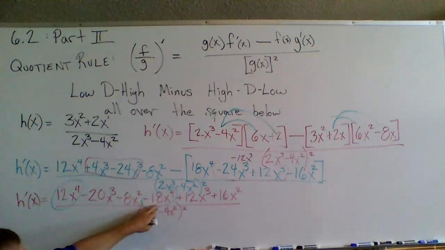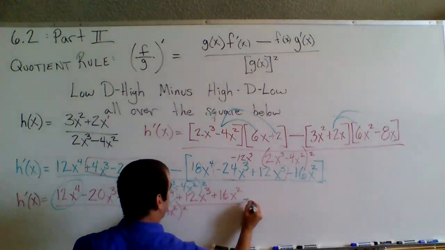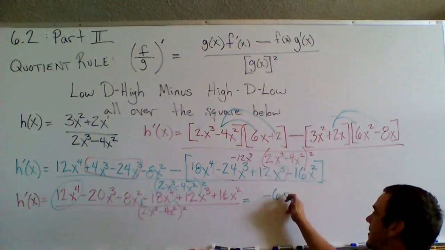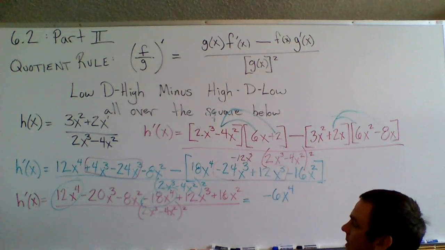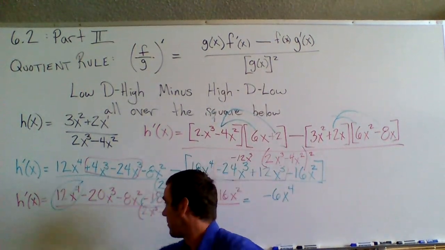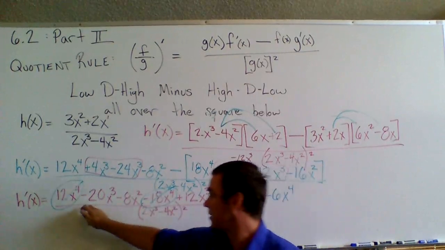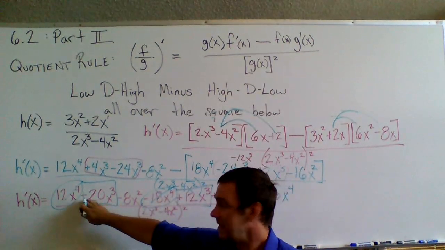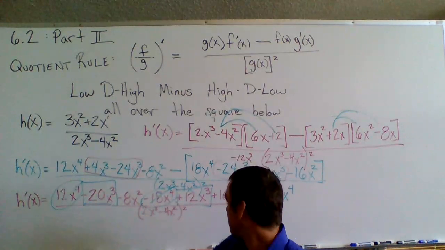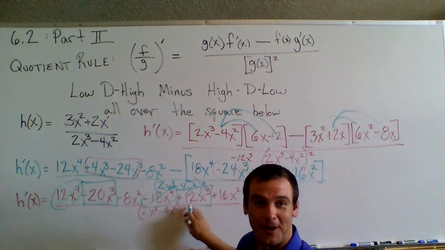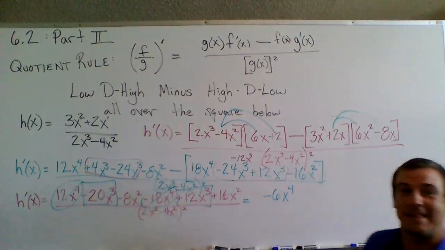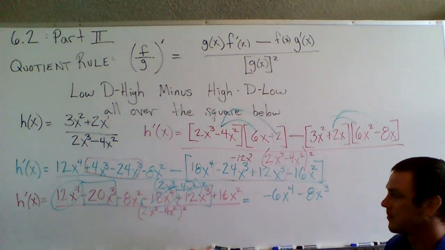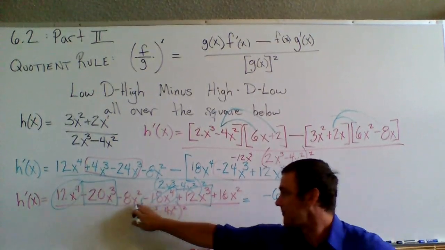Alright, so I'm going to combine like terms. 12x to the fourth minus 18x to the fourth is going to make a negative 6x to the fourth. Alright, I'm just going to put a line through those. I'm done with that. X to the thirds, let's box that guy. So this was a negative 20x to the third and a positive 12x to the third. It's going to make negative 8x to the third. Alright, we're only left with x squareds.